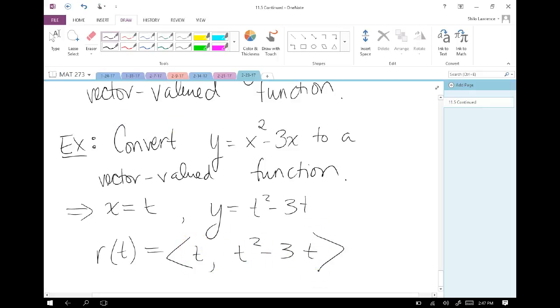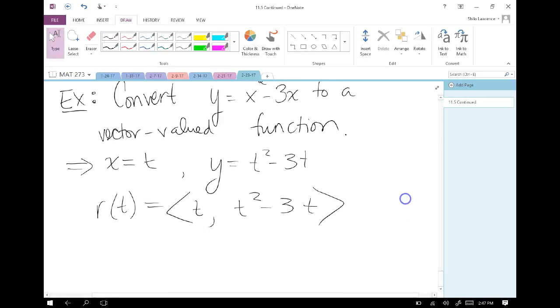Or you could write it with the i and the j. If you did it with i and j, would you do minus t squared, or would you just keep it positive? It would be a plus, and then you'd have to have parentheses around your t squared minus 3t. So you'd say t i plus parentheses t squared minus 3t j.